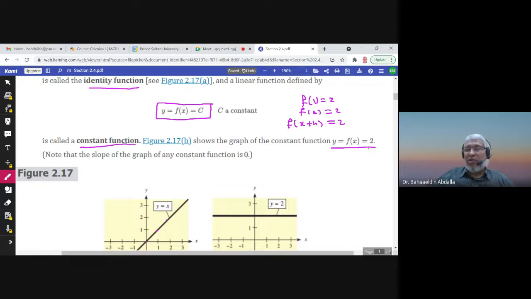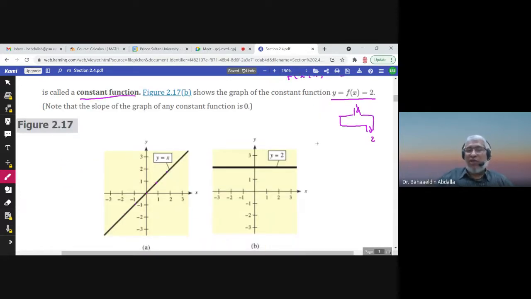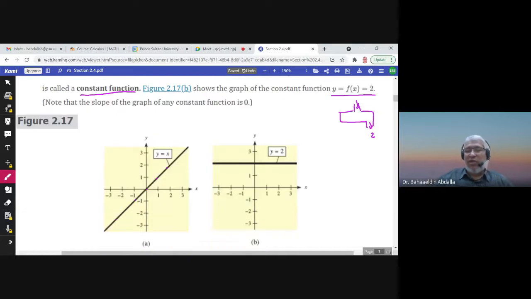The output only consists of 2. So if you have an input-output machine, the output is always 2. The input could be any real number, but the output is always 2, one output only. That's why they call it the constant function. The graph of a constant function is a horizontal line. So y equals 2, the graph is this horizontal line. So for any constant function, the graph is a horizontal line.